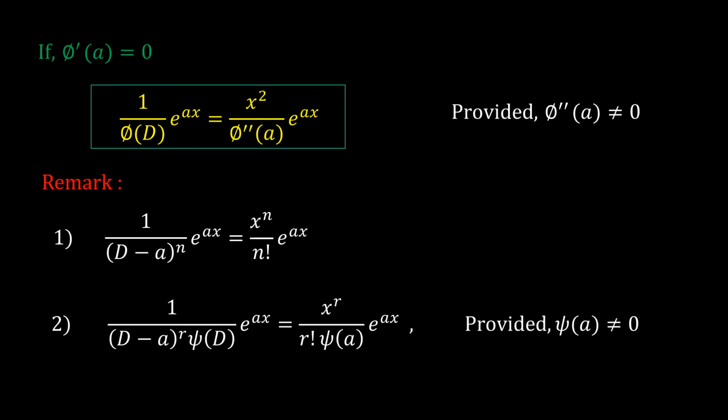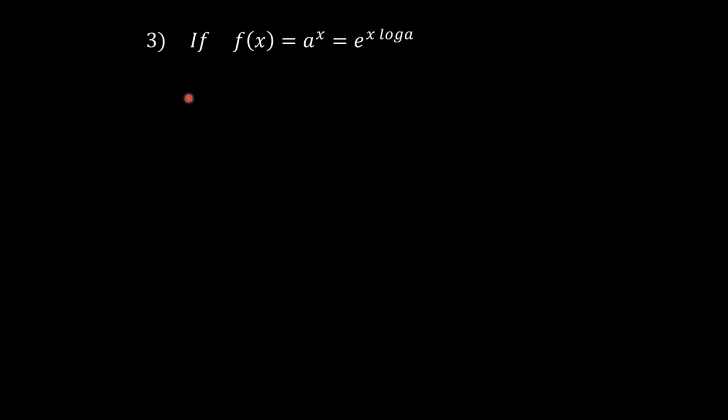Now we will consider the next exponential function. So if f of x is equal to a raised to x, which can be expressed in the exponential function e as e raised to x into log a.